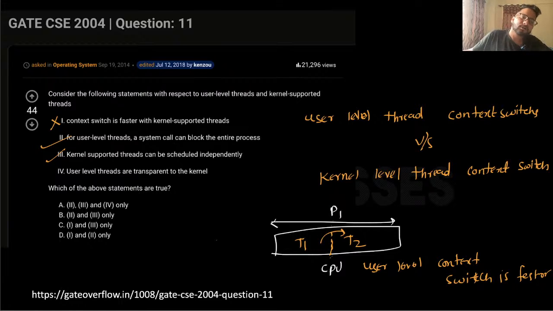So just interpret this statement like that. I'm not sure about the English: transparent here means that the kernel is aware or not aware of the user level thread. User level threads are transparent to kernel. So what do you think is the answer?